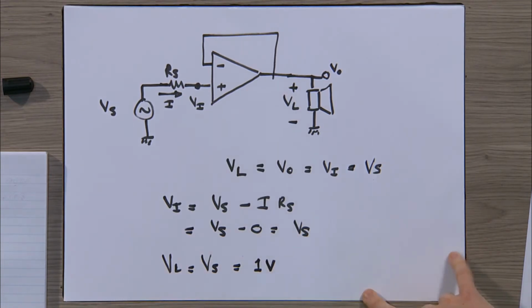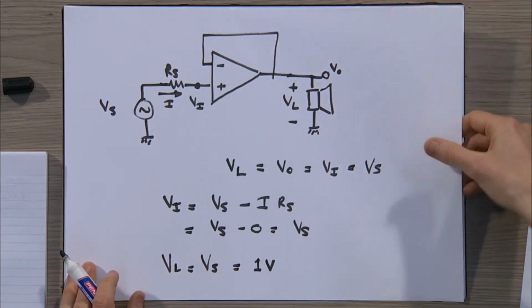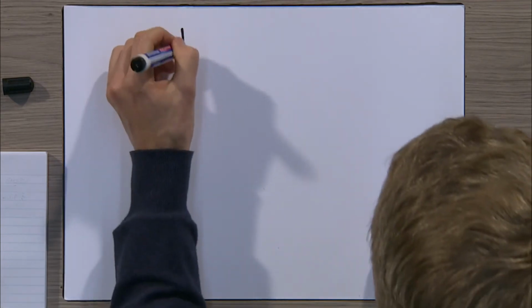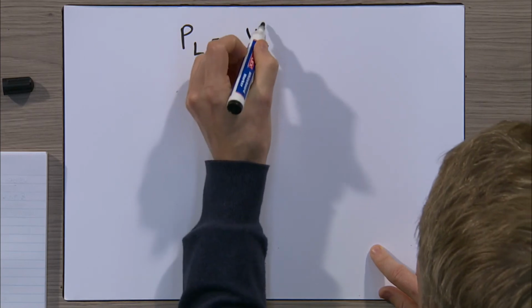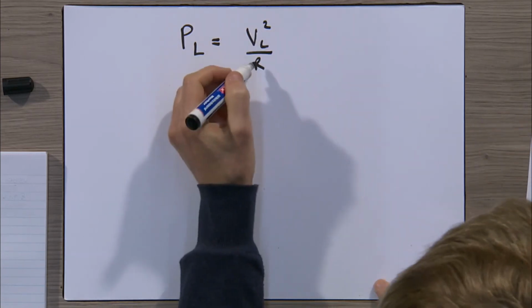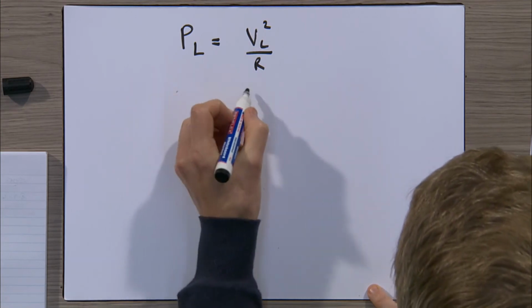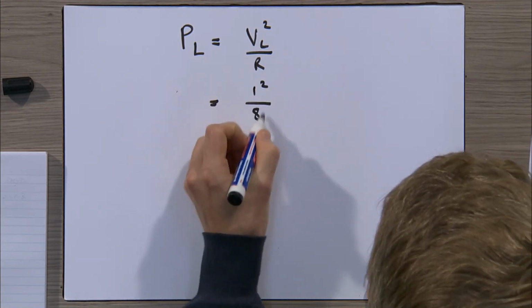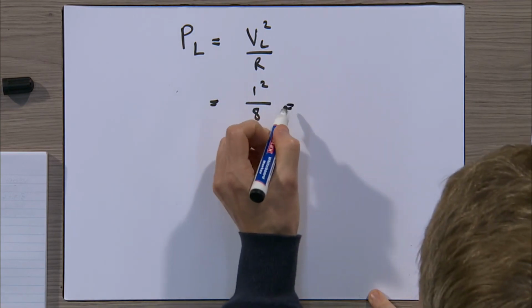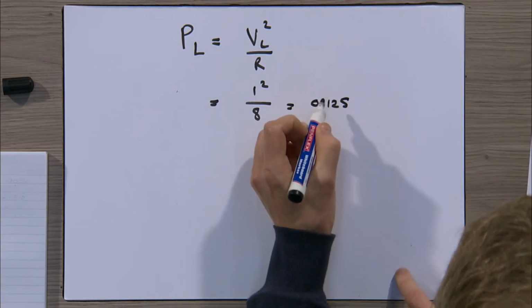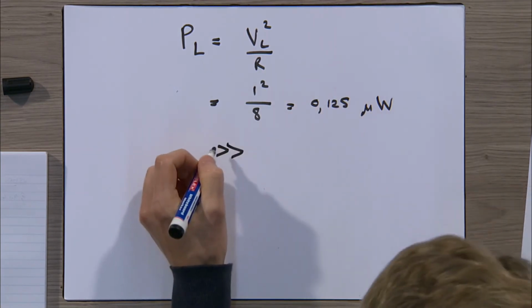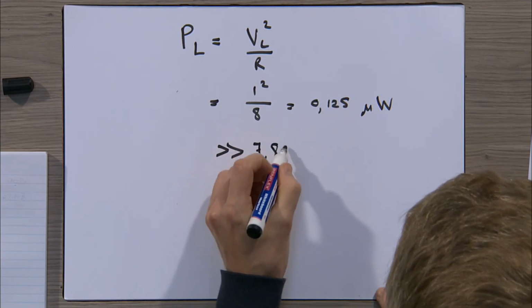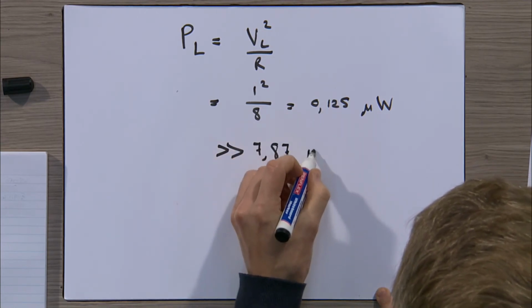And if we calculate the power coming from this 1 volt now, the power delivered to the load is equal to the voltage on the load squared divided by the resistance of the load, and that is 1 squared divided by 8 ohms, which gives us 0.125 watts, which you'll agree with me is much, much larger than 7.87 microwatts.